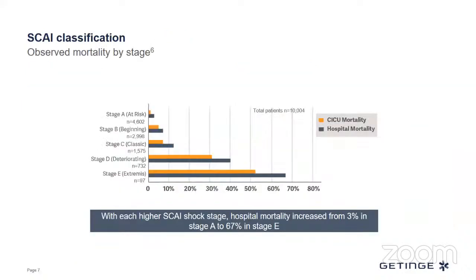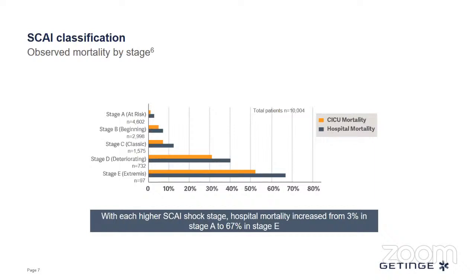Once they published SCAI, Jentzer and his colleagues looked at the validated classification scheme. They performed a retrospective analysis of cardiac intensive care unit patients admitted between 2007 and 2017 at the Mayo Clinic. They looked at about 10,000 patients. Patients had shock from both acute MI and heart failure.